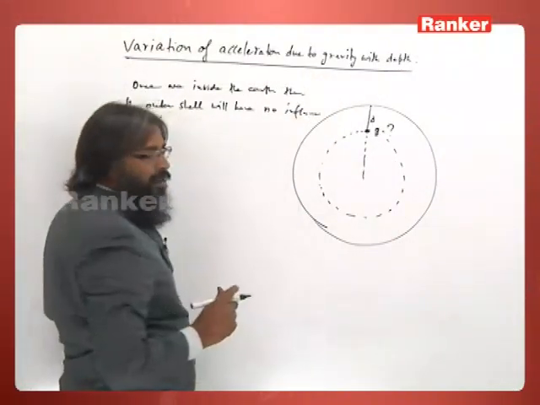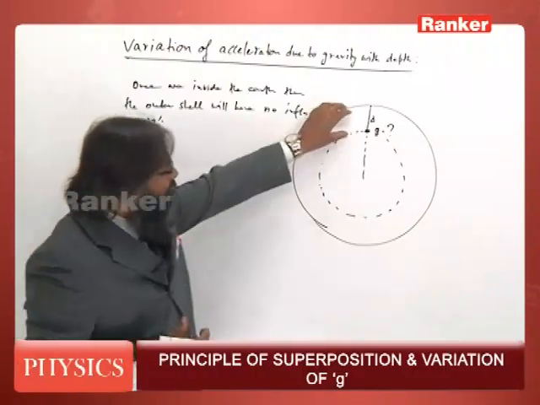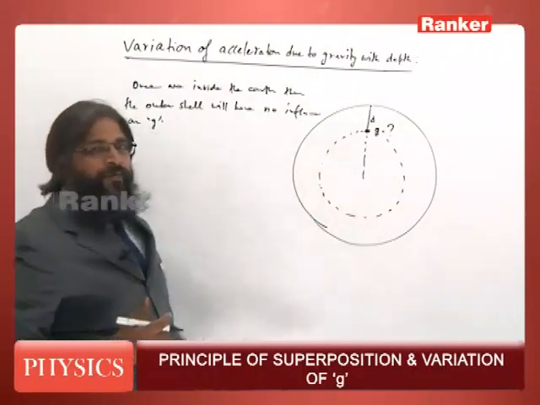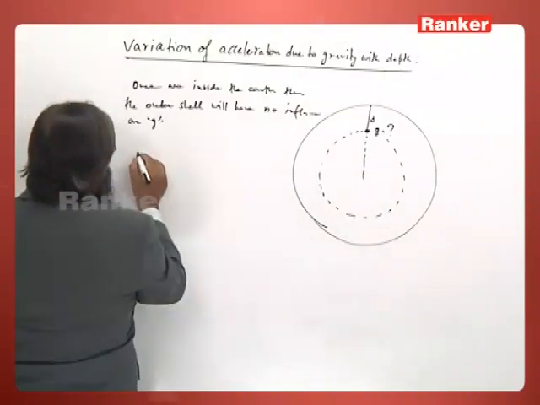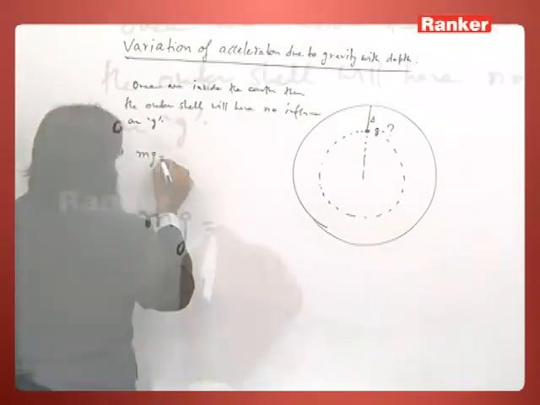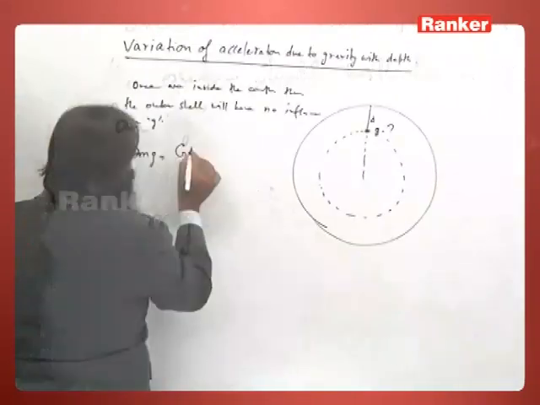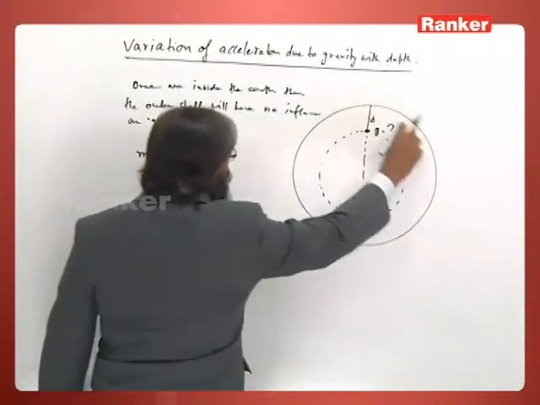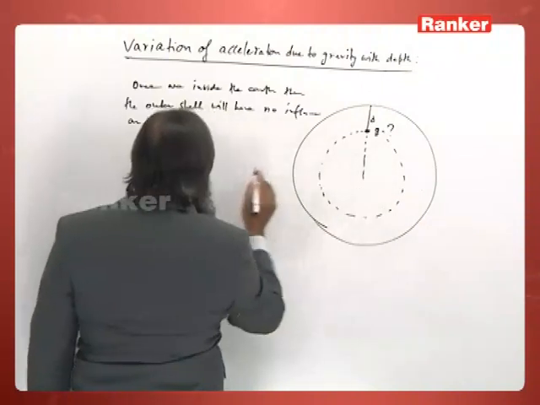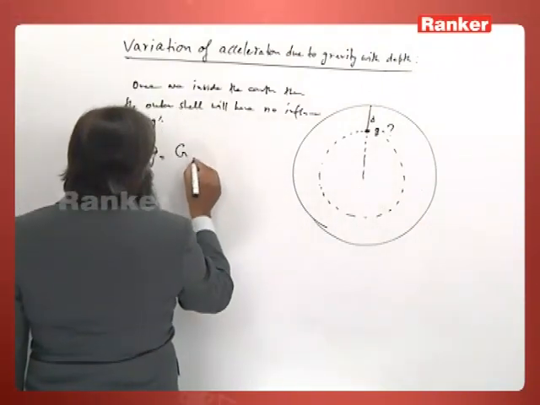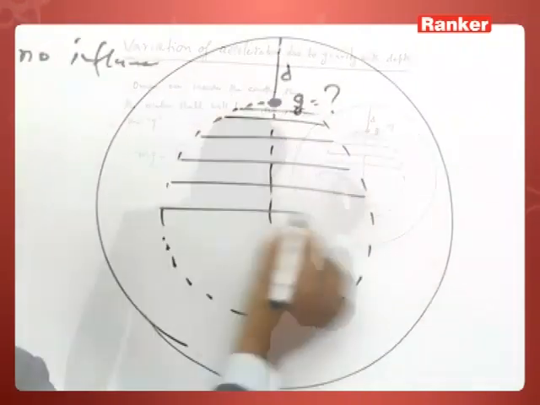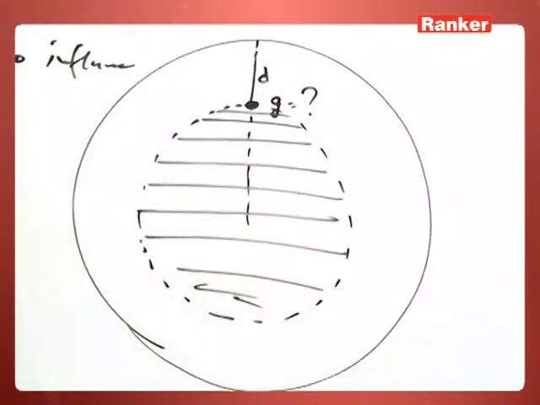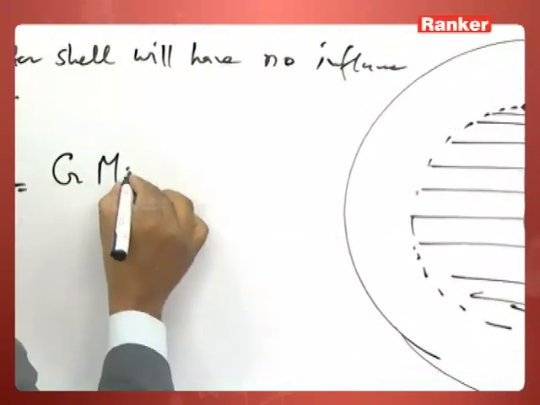That is the shell theorem, which tells that because of that shell there is no inside field. So, the inside contribution is because of this. So, m times g will be G, not with the mass of the earth, but we have to take the mass of the earth which is inside this, the inside mass.